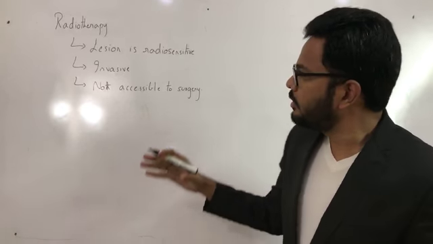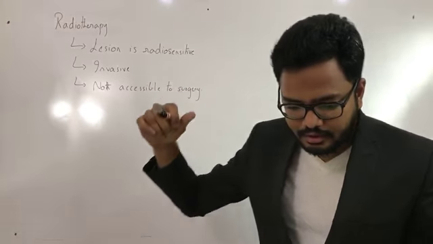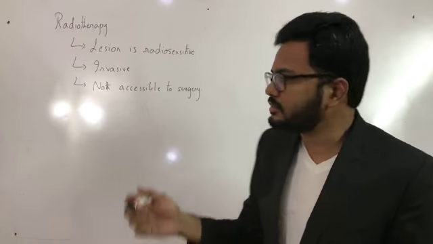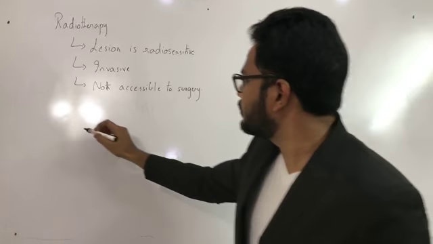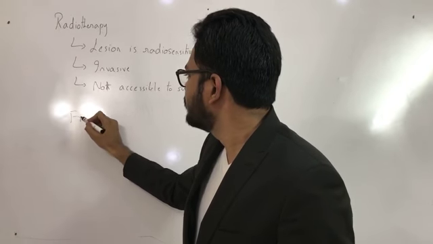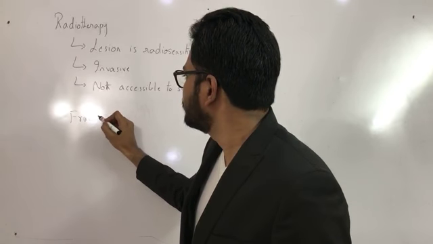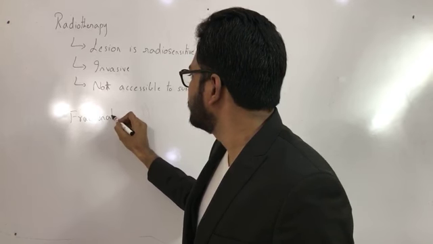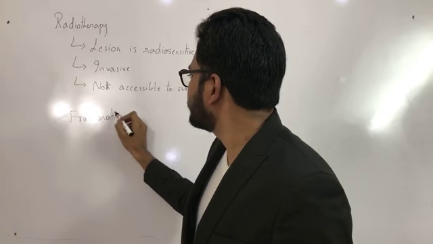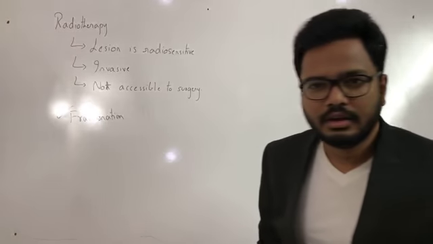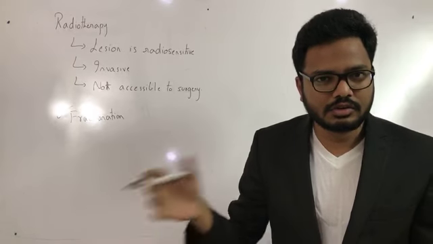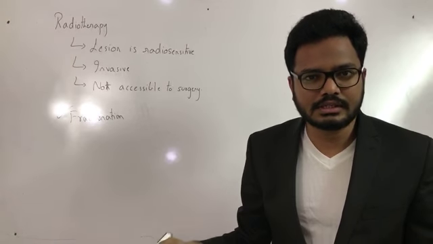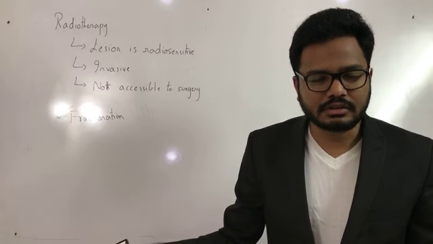And then when you're going for radiotherapy, we have something called fractionation. Just write down here. Fractionation is nothing but dividing the total radiation dose into multiple smaller doses and then delivering it to the lesion, right?